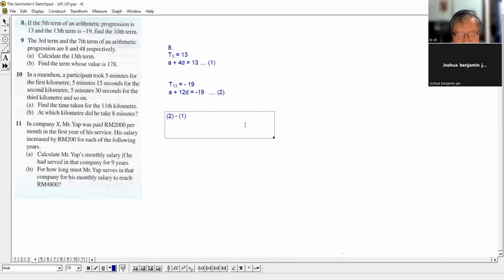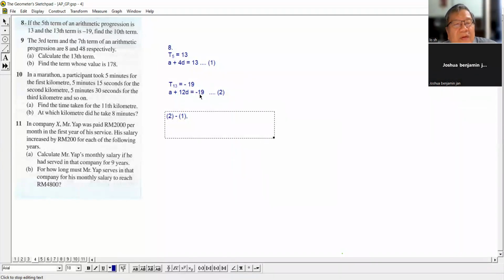Now 2 minus 1, can you see that this is A or this is A? A minus A, what do you have? A minus A is not A. What is A minus A? It is 0, so no need to write.